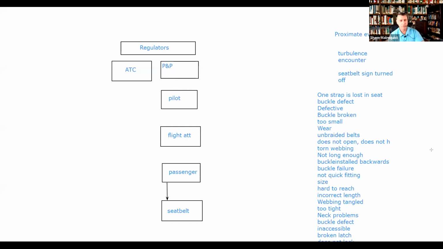So we can go ahead and do a poll with that one. There is a question that just went up: what might have gone wrong with the passenger's use of seatbelt?